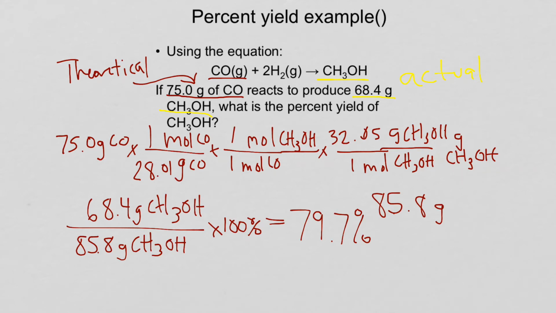Let's just take a quick look to see how it would look if I gave you a percent and you had to determine an actual yield. So I'm going to take the same equation, but I'm going to change that percent so that I'm going to get a different actual yield here.